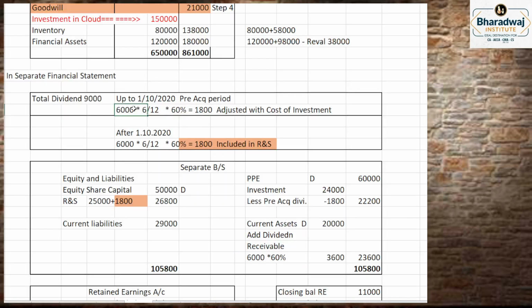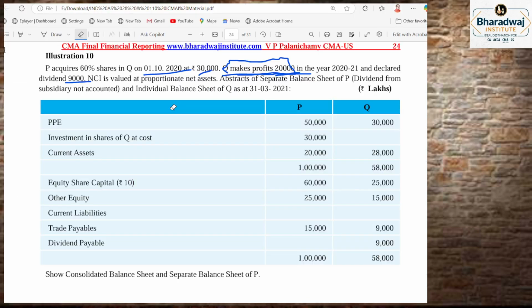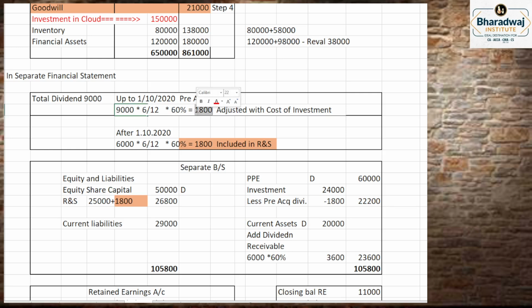So how much? 9,000 into 6/12 into how much holding company holds? 60%. How much it will be? It will be adjusted with cost of investment. 9,000 into 6/12 into 60%. 2,700 will be included in what? Reserves and surplus.